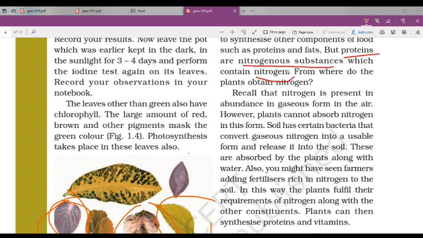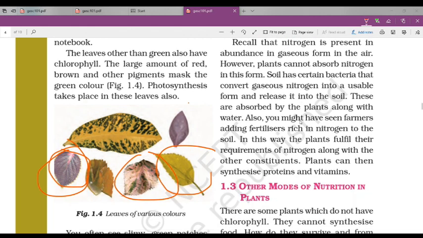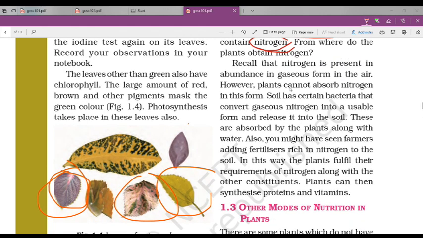Then the question arises: from where do the plants get this nitrogen? Recall that nitrogen is present in abundance in gaseous form in the air, but plants cannot absorb this nitrogen directly. Then how will they get it?